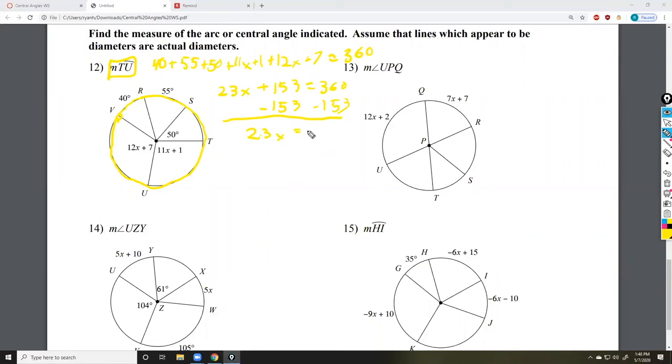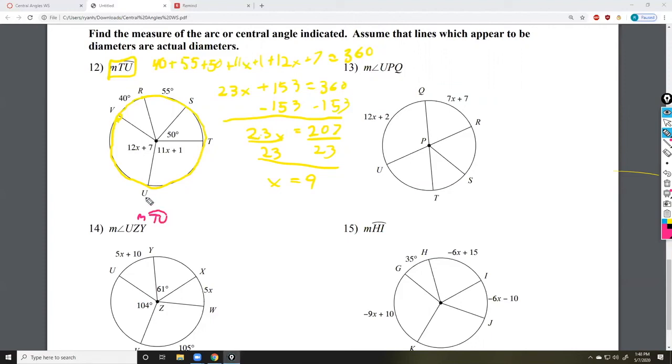Again, this part, my thought is that we probably don't need a ton of help with the solving. 207. That's going to be 9, isn't it? Yes. So we get x to be 9, but we're not done yet because it wants the measurement of arc T to U.